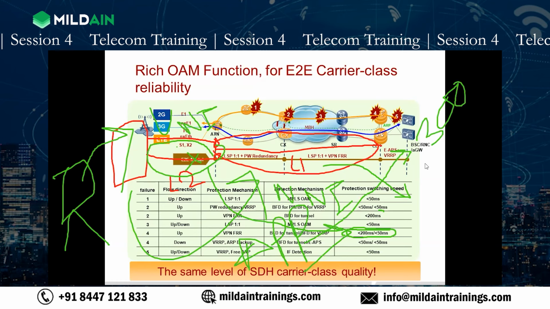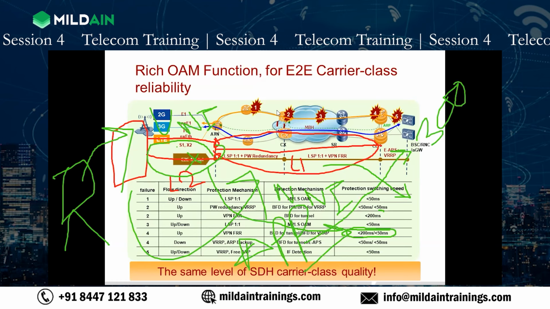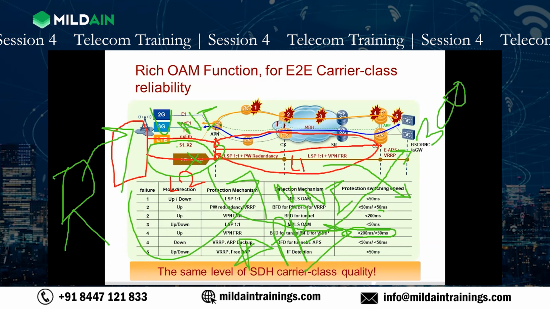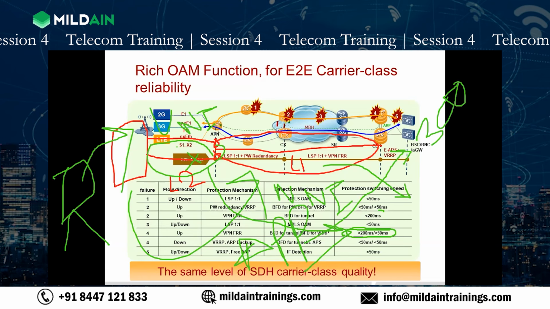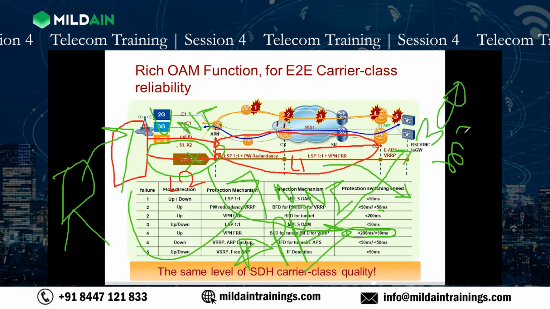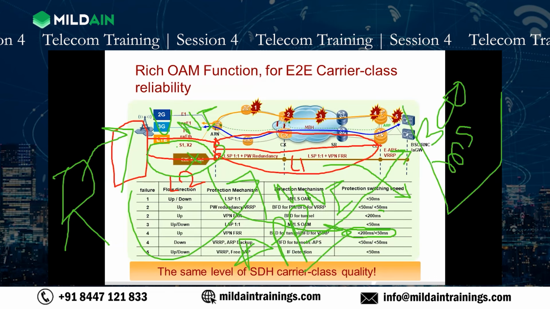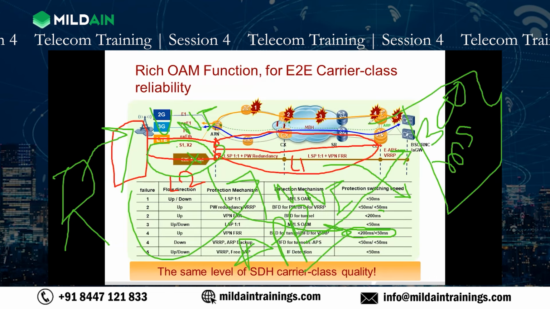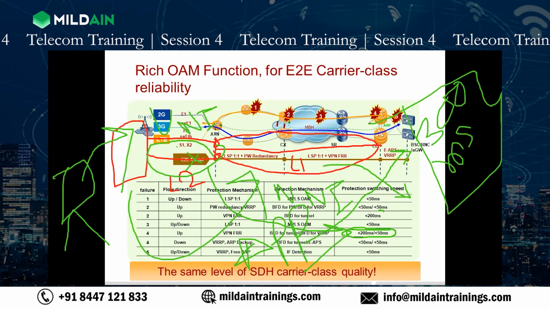But generally for data it is fine. In telephone calls and all, they will not wait. They will drop. Internet data is tolerant of this, but voice calls are not tolerant. They will be dropped because the path is disconnected.